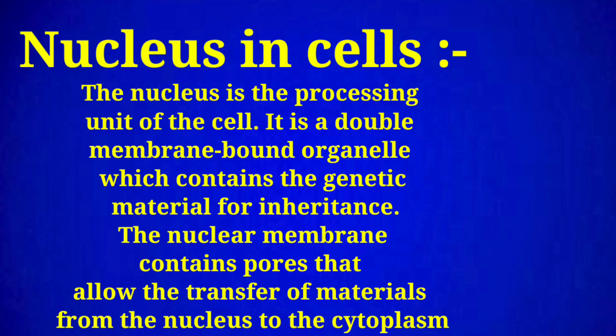Nucleus in cells. The nucleus is the control unit of the cell. It is a double membrane-bound organelle which contains the genetic material for inheritance. The nuclear membrane contains pores that allow the transfer of materials from the nucleus to the cytoplasm.